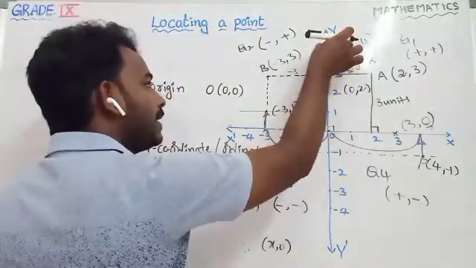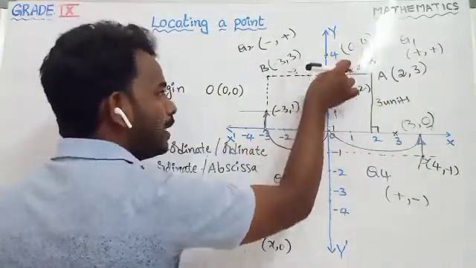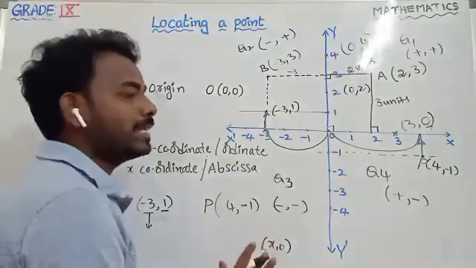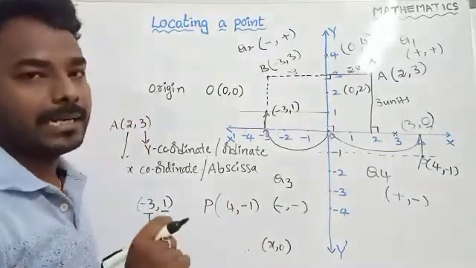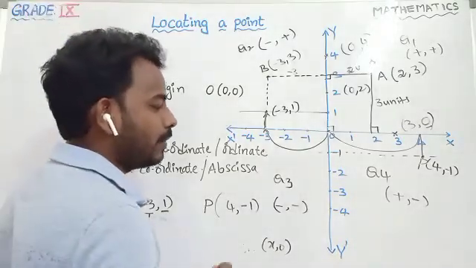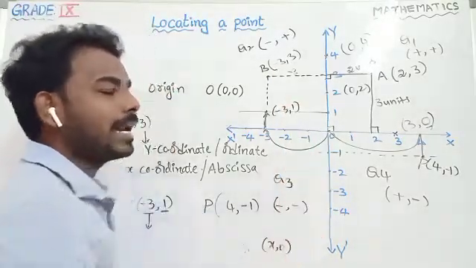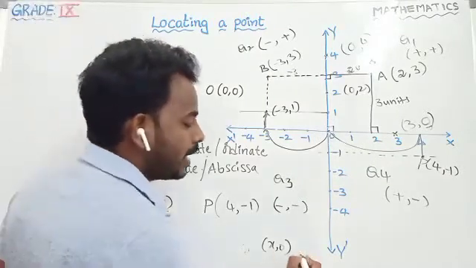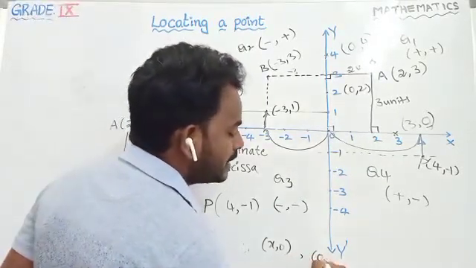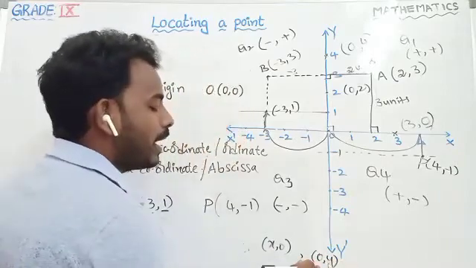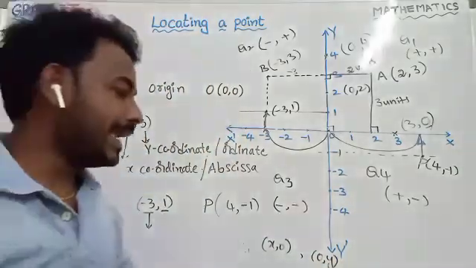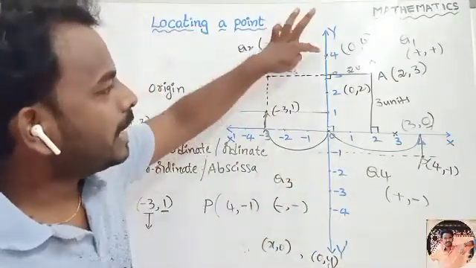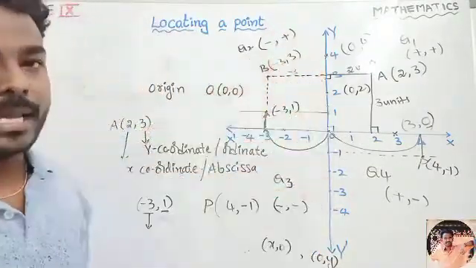So if you check every point on this y axis, those points have x coordinate as 0. Why? Because they all lie on the y axis. So the points which lie on the y axis will be in the form 0, y. The x coordinate becomes 0 and the y coordinate will be the value which you have on the y axis.